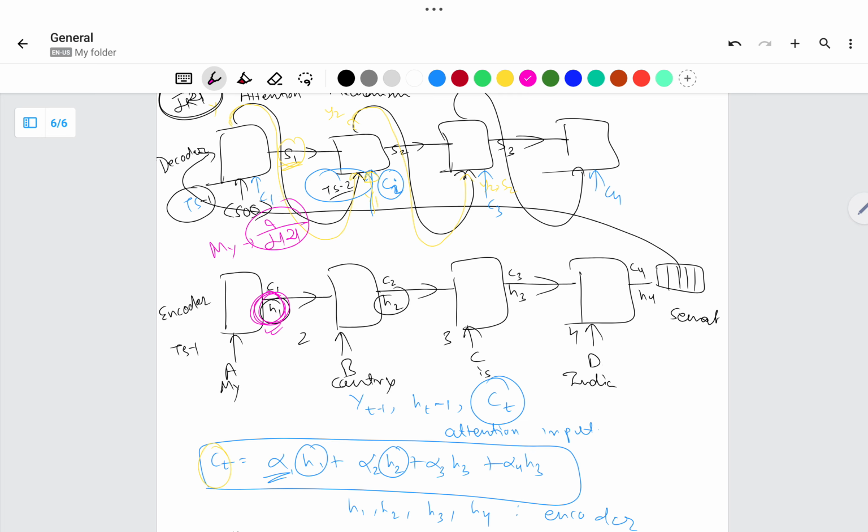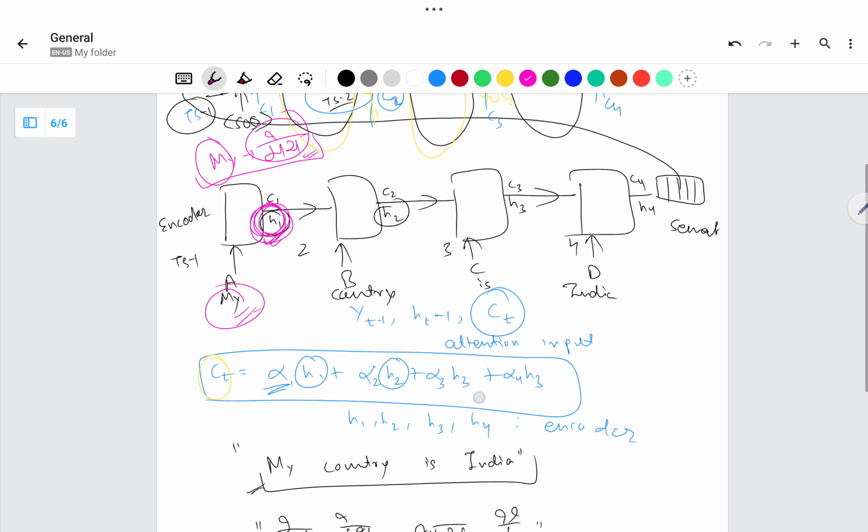So writing Mera, the biggest contribution would be from my. Okay, other words are also important, but this is the direct translation we can see over here. So Mera in Hindi is more dependent on my compared to country is and India. So it would be pretty nice if we are somehow able to get this input h1, because h1 would be having the semantic meaning of my in a much stronger way. Okay, like the major contribution would be of this word.